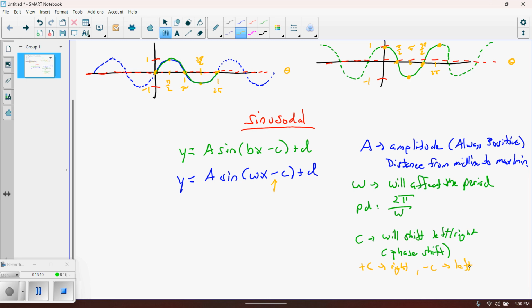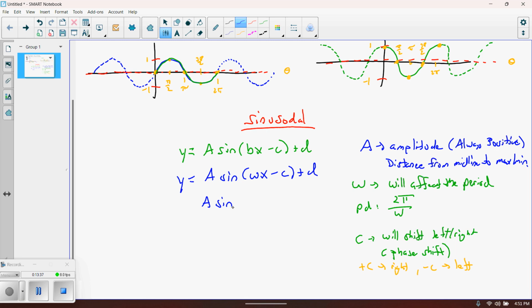Now, I'm going to fix something before I get to D, and that's the placement of my parentheses. There's actually nothing wrong with the way I wrote this, but in order to actually figure this out, you basically have to factor out the B, or in this case, the omega, excuse me, from that parentheses. So what I mean by that is this. Your actual function should look something like this.